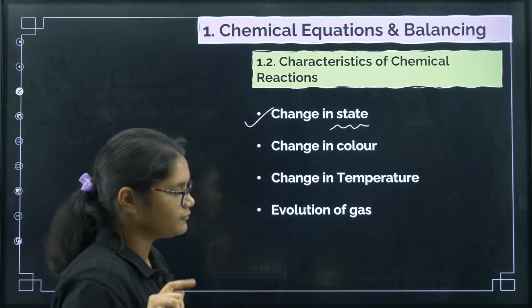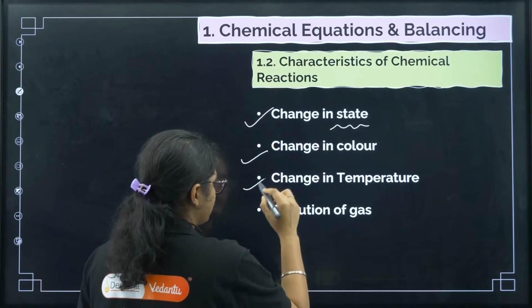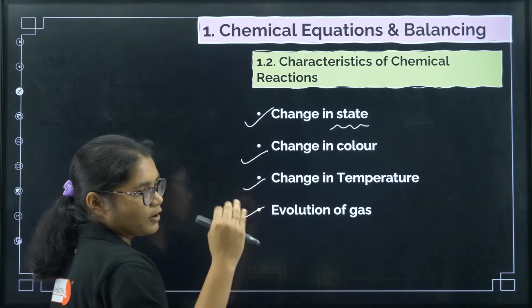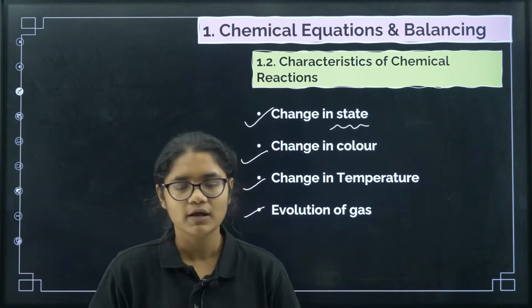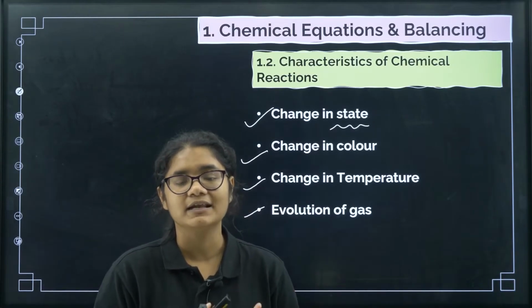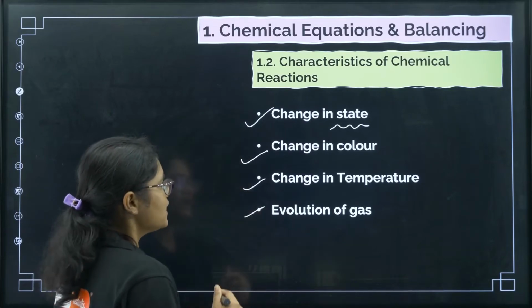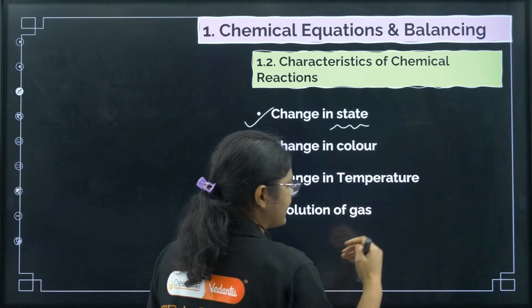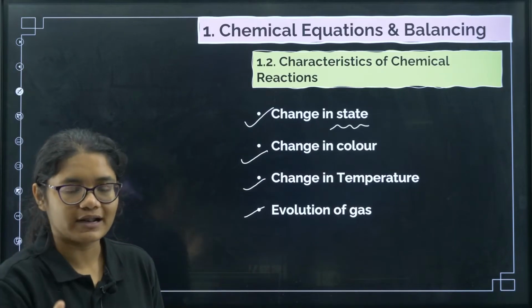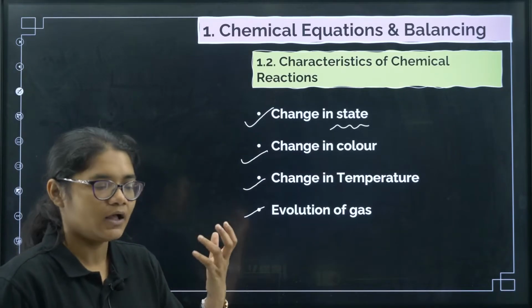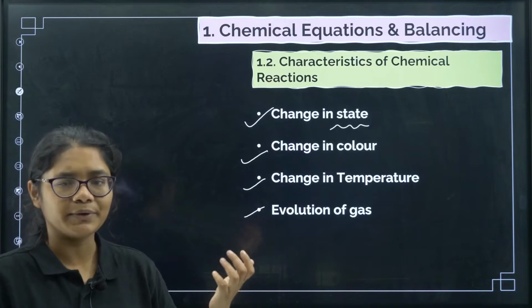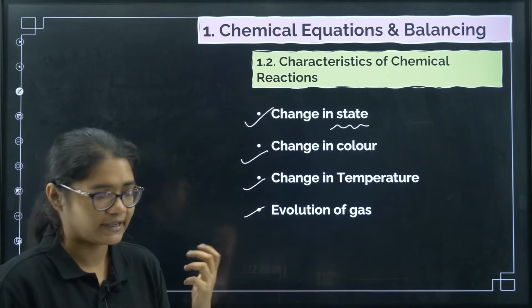First of all, these are the different things. If any one of these or more than one is found, then we can say that the reaction has undergone a chemical reaction. Now, change in state: suppose your reactant is a solid and the product has become, I can say, a liquid. So a change in state has taken place.